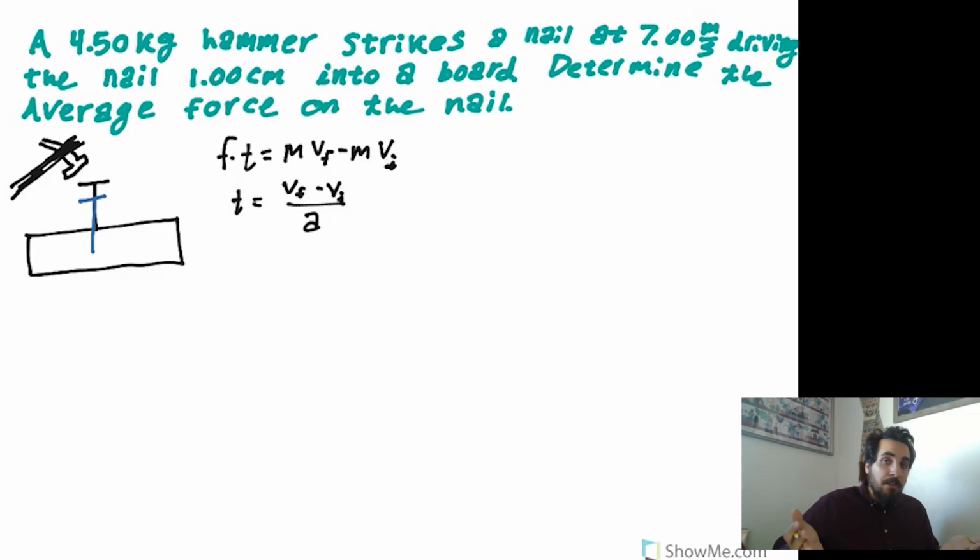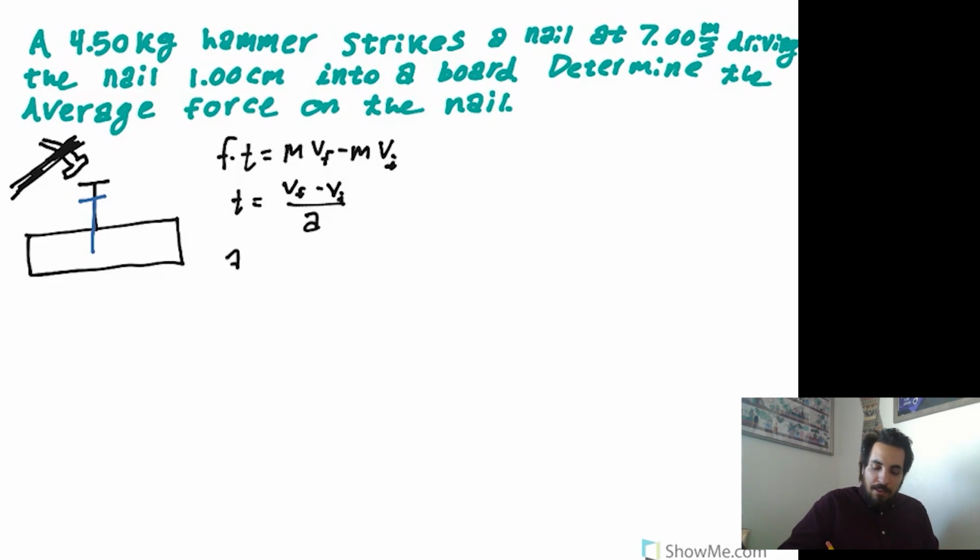Another great thing about the impact is that our nail and our hammer, while they are impacting, are going to be mechanically connected. Since they are mechanically connected, they will share the same motional quantities. That means that the hammer comes to rest in the same amount of time in the same amount of distance that the nail does.